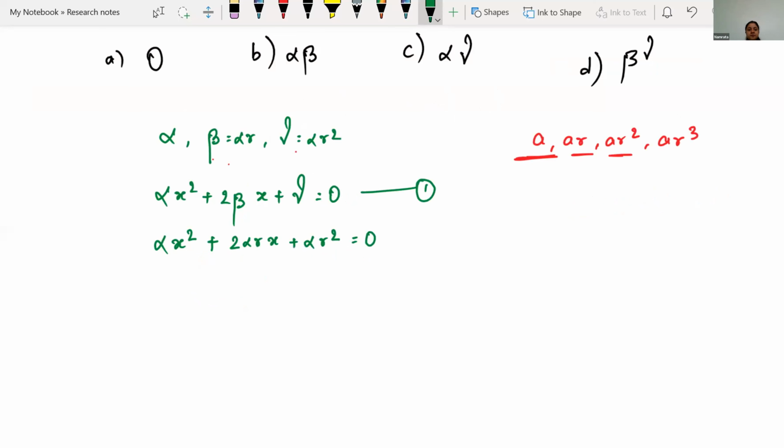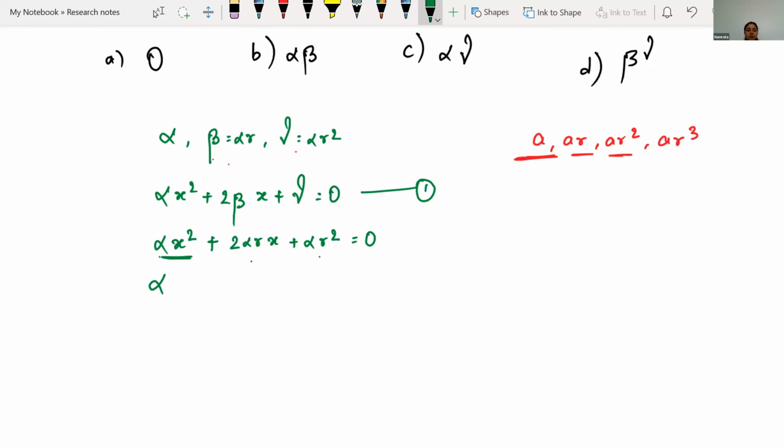Now let's see what can be done over here. How can we simplify it? Alpha is there, alpha is there, alpha is there, so can we take out alpha as common? Can we just add alpha x square plus alpha x square?